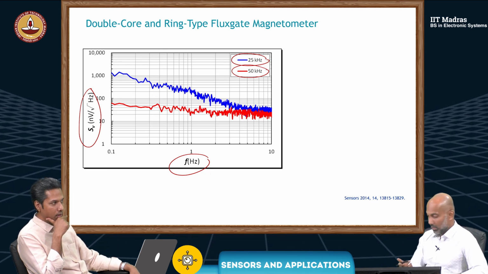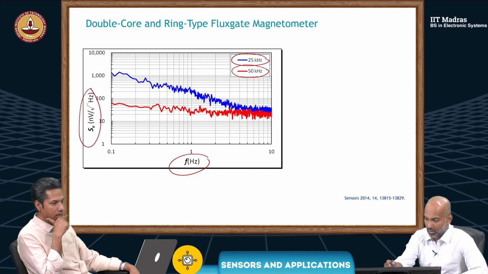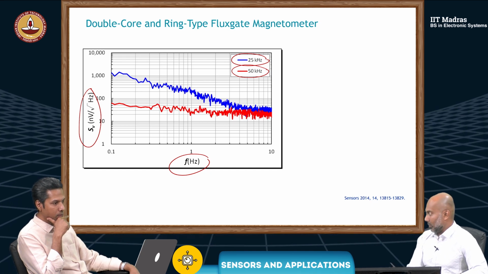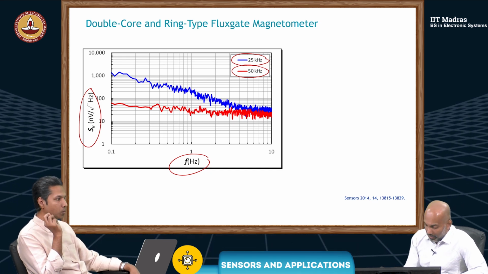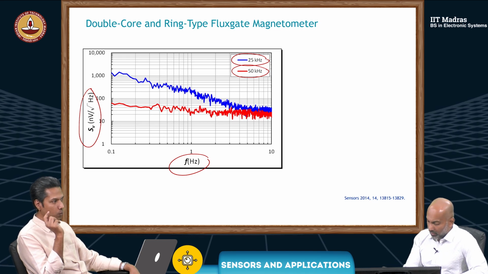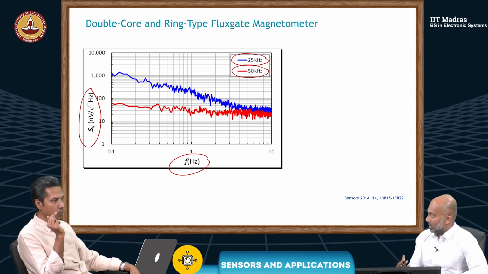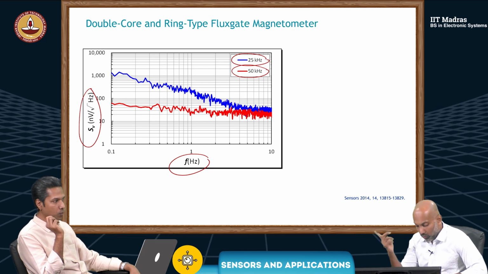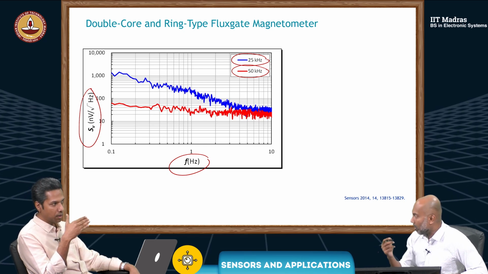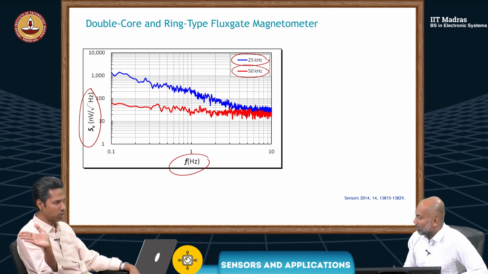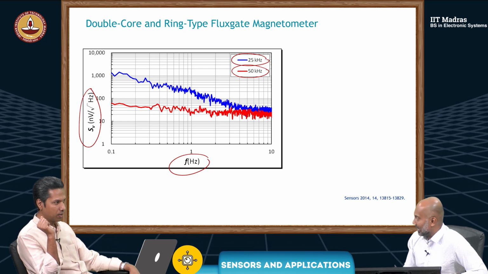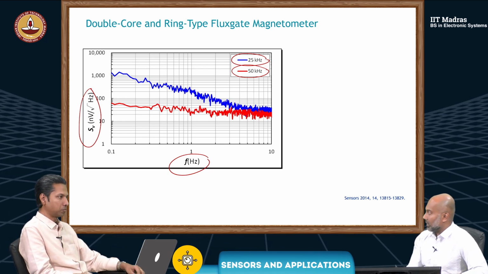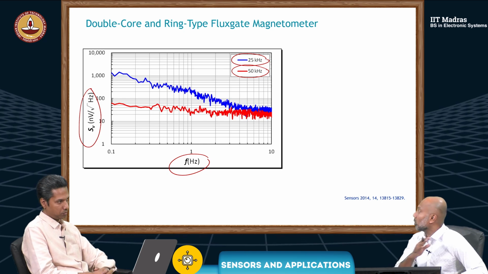In this case, we are exciting at two frequencies, 25 kilohertz and 50 kilohertz. Then that output is converted into the frequency domain and we look at the noise characteristics over a range. Exactly, because your noise is not the same at all frequencies.